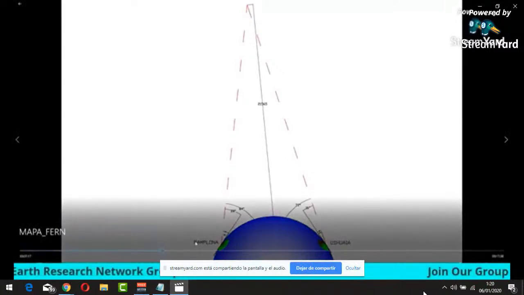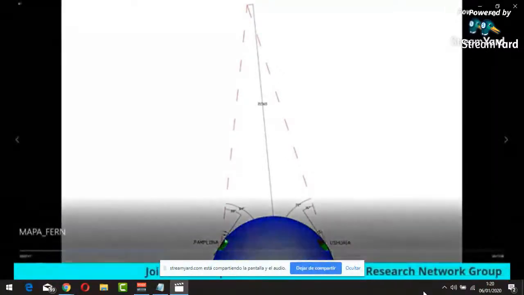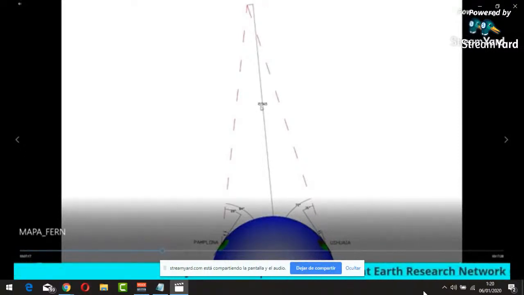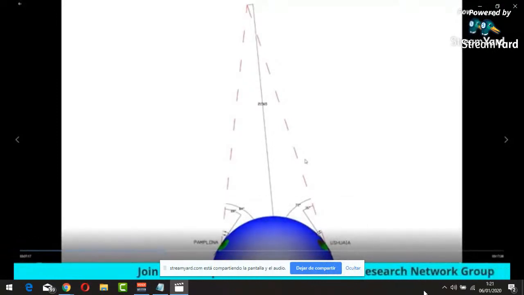For example, from Pamplona and Ushuaia, the horizon position of the sun is 28 degrees and 16 degrees. So this says that the sun is probably under 21,565 kilometers. So it's very, very far away from 149 kilometers. That's the regular, traditional science.